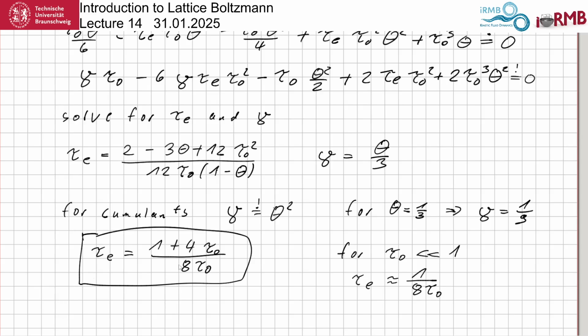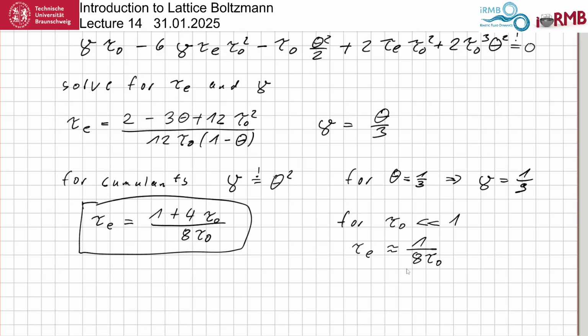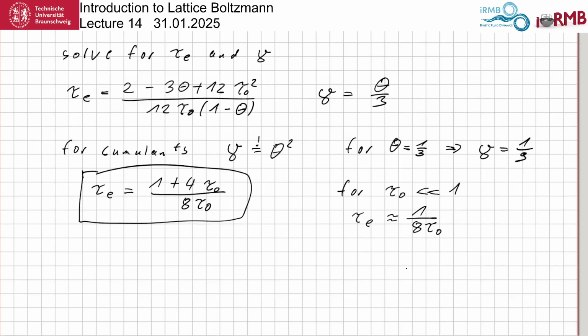By the way, this here is exact, and this is an approximation thereof for tau odd being small.